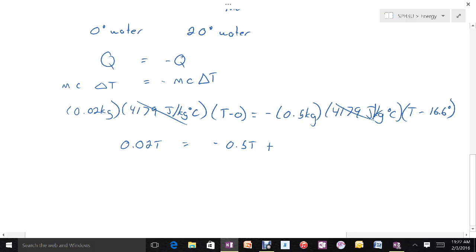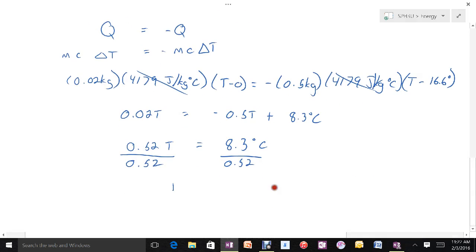And the two minuses make a plus, 8.3 degrees Celsius. Bringing this over, I get 0.52 T is equal to 8.3 degrees Celsius. And dividing both sides by 0.52, I can come up with that equilibrium temperature. And I get 15.96 degrees.